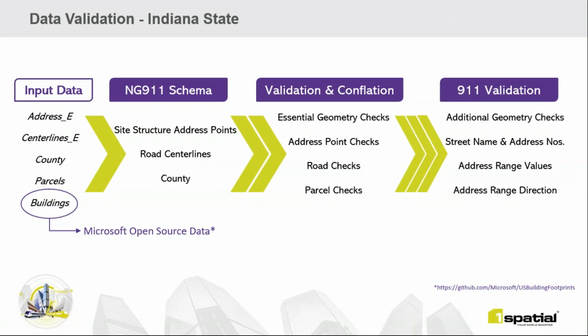So in order for us to run these 911 validation rules against our data, the first step here is standardizing the input data schema. So we're going to map our address point data to our site structure address point schema, our center lines to our road center lines, and our county to our county.